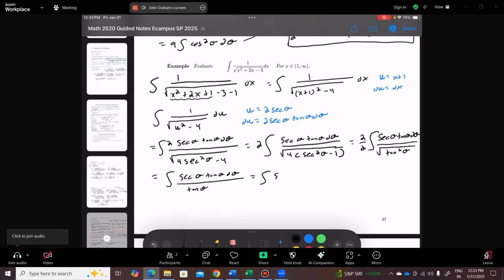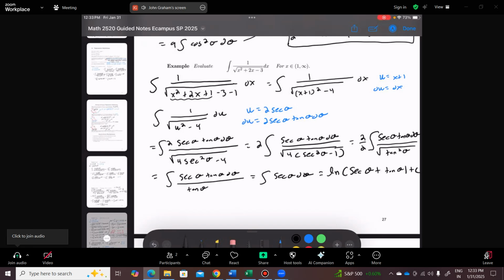So you have secant theta d theta. And secant theta d theta, we had this before, an integral of it, and you get the natural log of secant theta plus tangent theta plus c.